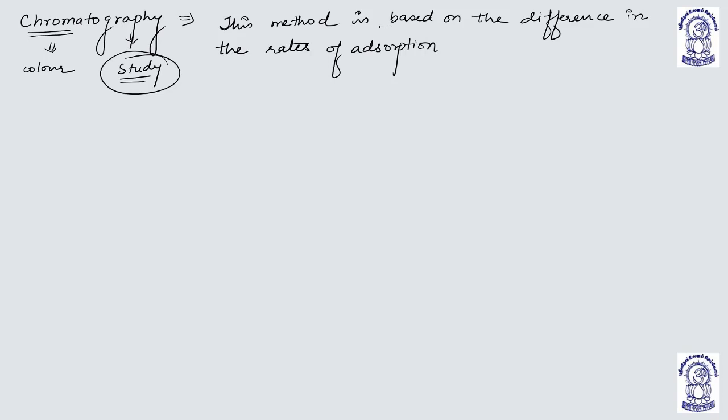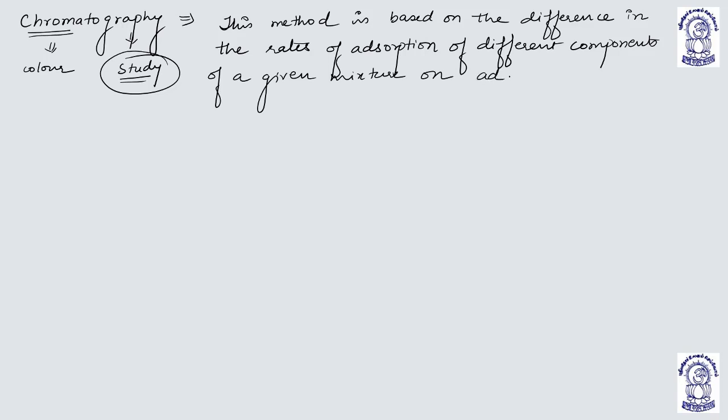This method is based on the difference in the rates of adsorption of different components of a given mixture on an adsorbent. Okay. See what is adsorbent? There are two terms I will like to tell you.